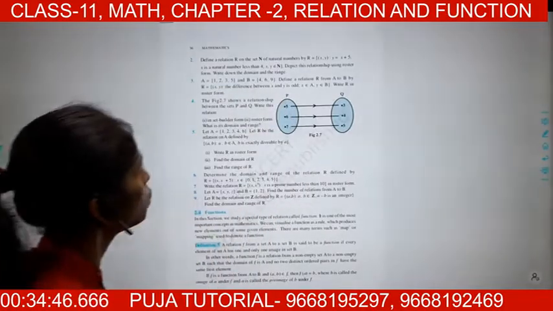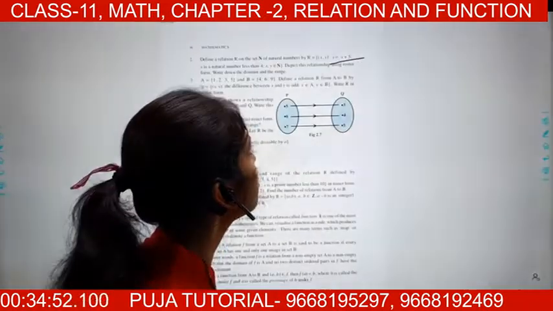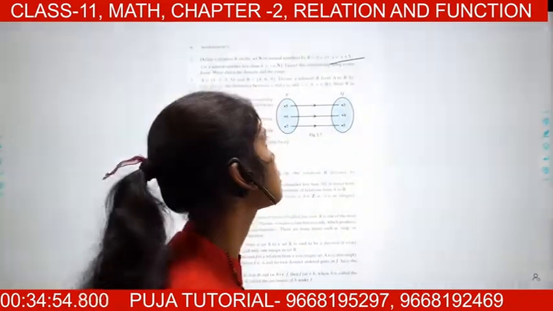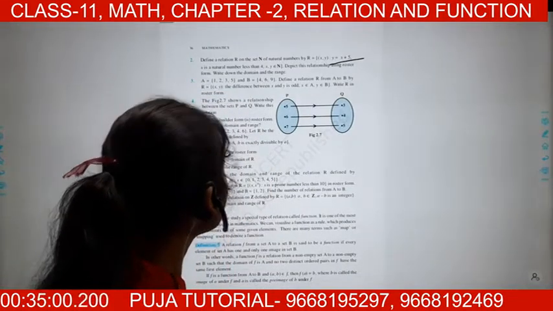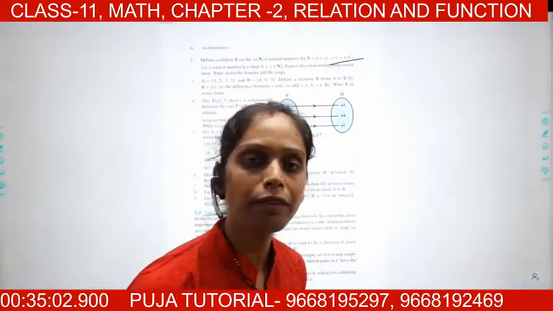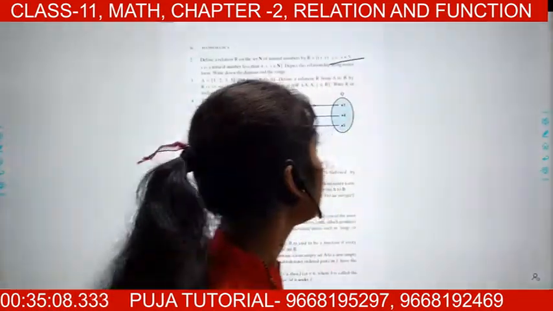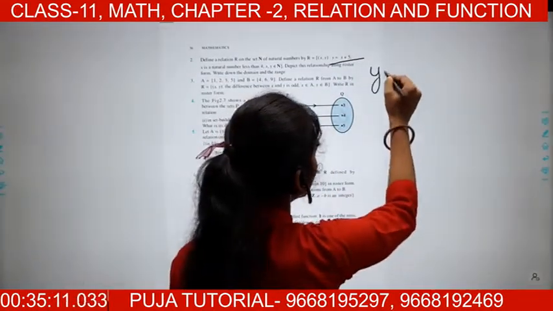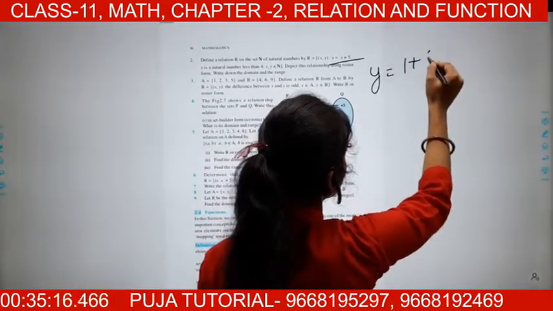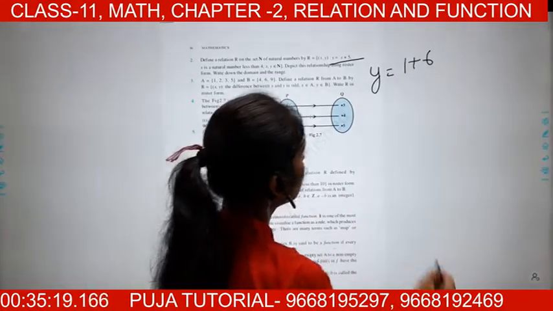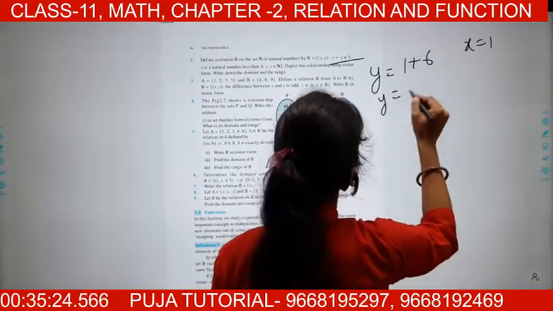Let's do question number 2. What is the criteria given? The criteria is the collection of all those (x, y) such that y is equal to x plus 5, and x is a natural number less than 4, and x, y belong to naturals. Then, x is always less than 4. If you put x is equal to 1, then y is equal to 6.